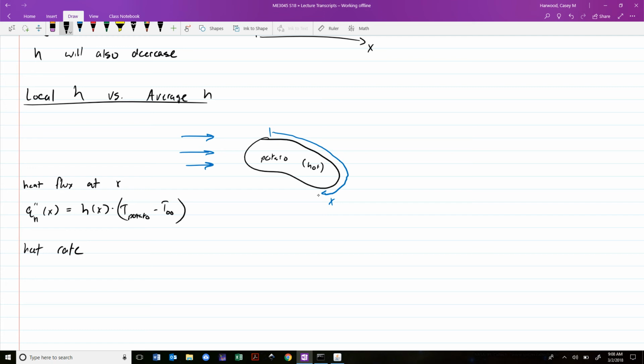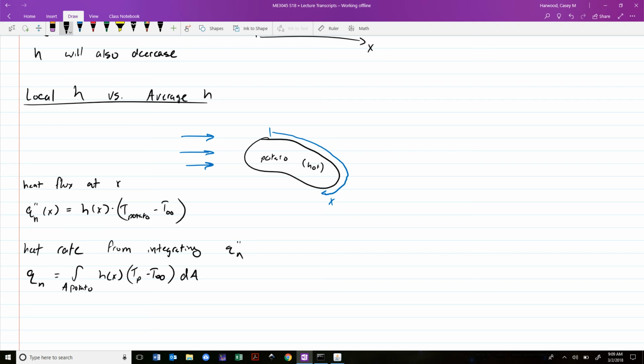We get that by integrating q double prime, so we end up with q equal to the integral over the potato area of hx times (Tp minus T infinity) dA. So we're integrating over the entire area of this object.